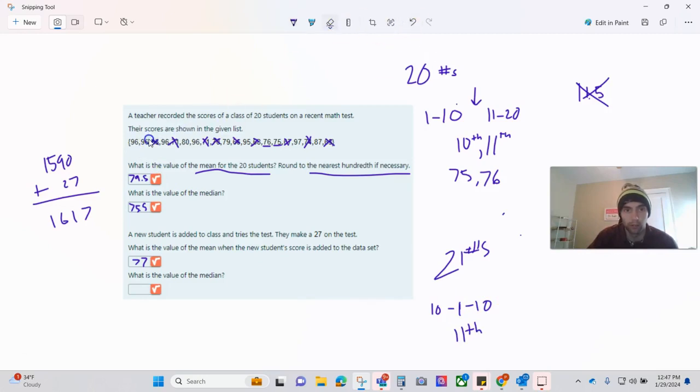So let's find the 11th number. 27th, that's the smallest. Then 65, 2, 3, 4, 5, 6, 7, 8, 9, 10, 11. What used to be the 10th number is now the 11th number, 75.